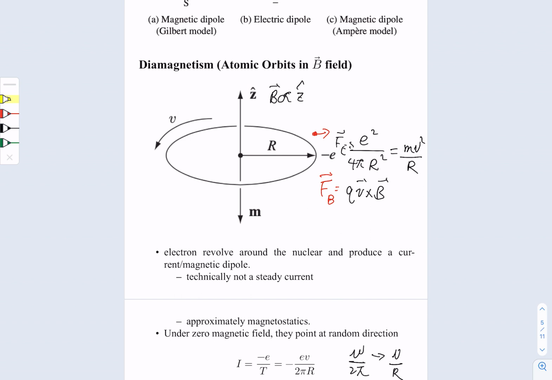I didn't consider the negative charge of the electron. So the force should instead be pointing inwards. Okay, so this means that the electron will speed up instead of slowing down.